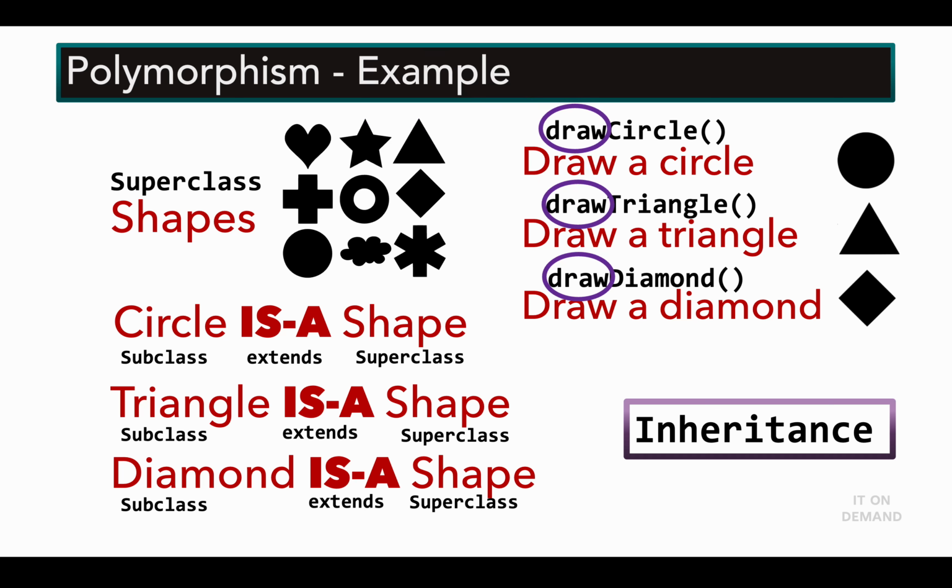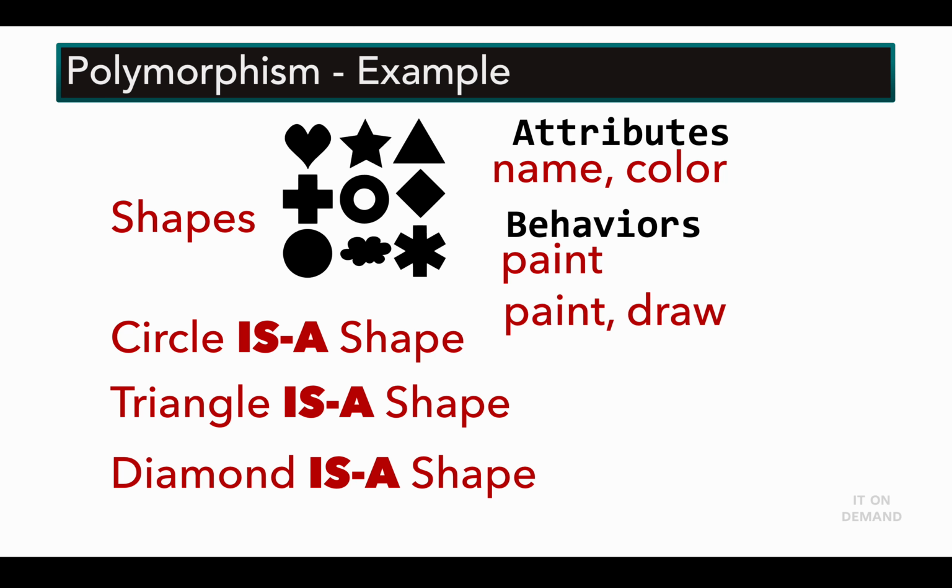And so rather than have three different names for all these methods, why not just include this draw behavior in shapes?